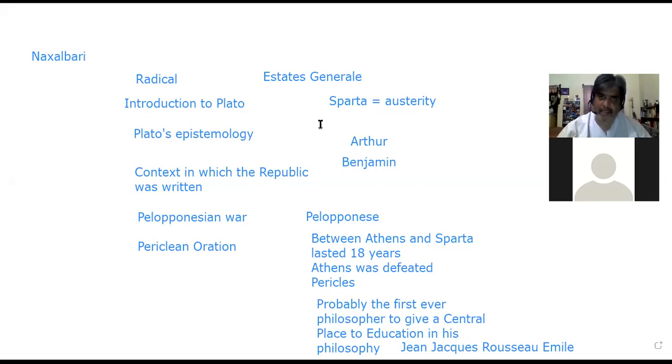So people in the estates general had not sat on the right side accidentally. They did it deliberately, because the right side signifies power. The opposite side is the left side, and that does not signify power. In fact, it signifies the lack of power.